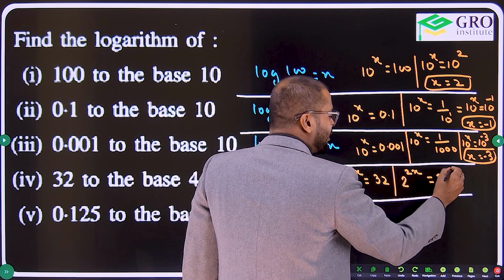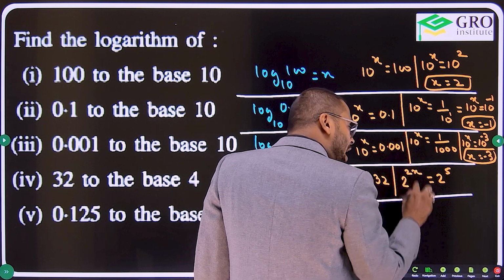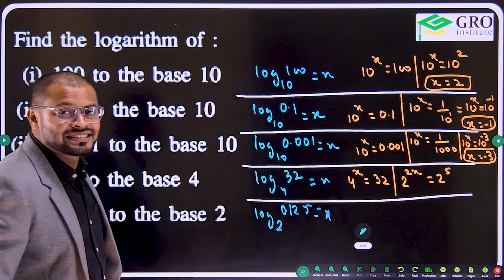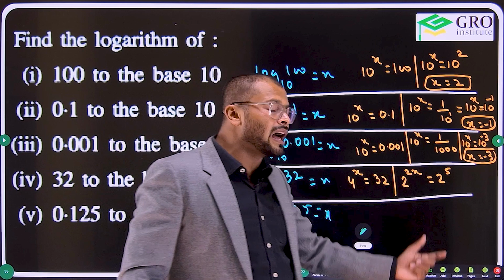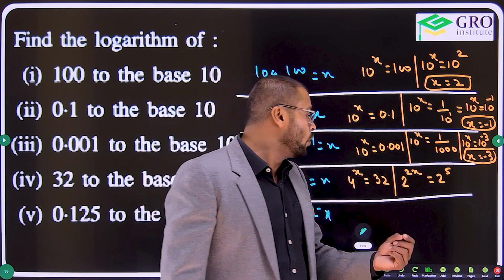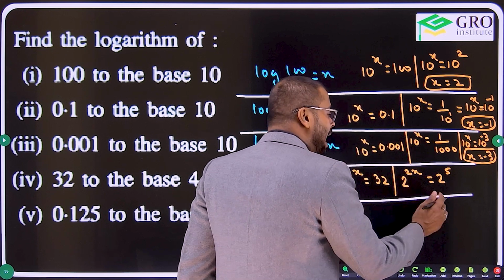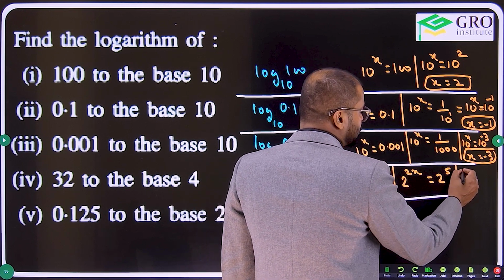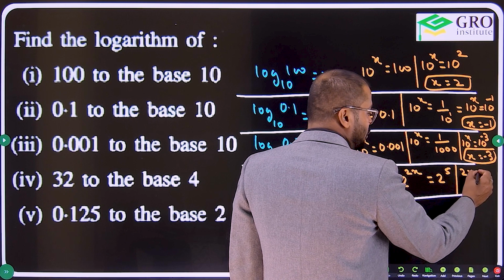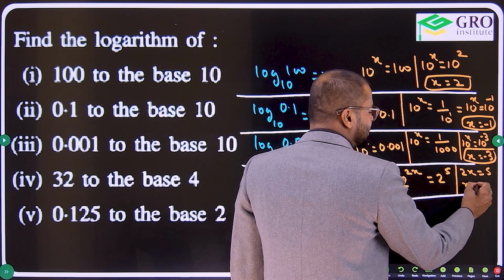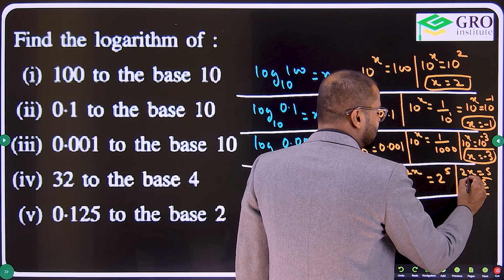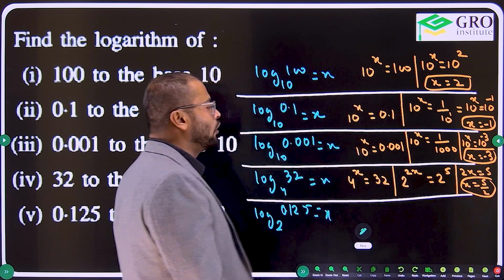When both bases are same, you equate the powers. So 2x is equal to 5 and x is equal to 5 by 2. This is your final answer for this.